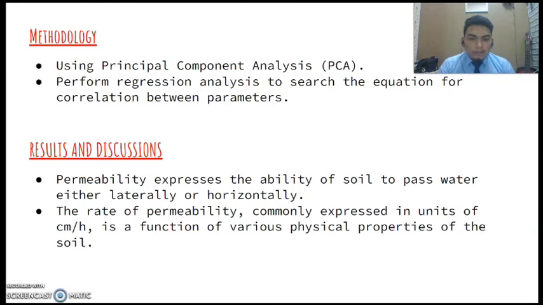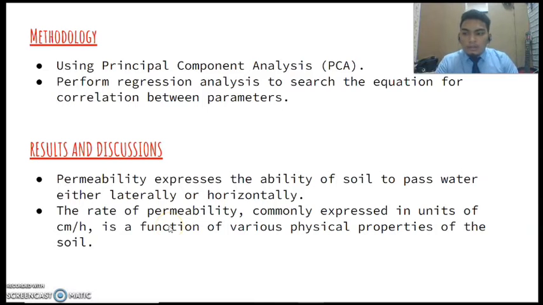The rate of permeability, commonly expressed in units of cm per hour, is a function of various physical properties of the soil. So as the result, among the 5 primary factors resulting from PCA, which is principal component analysis, bulk density is the only similar parameter taken into account in the soil characteristics model proposed. So that's for case study 1.